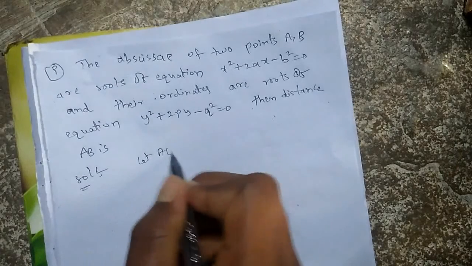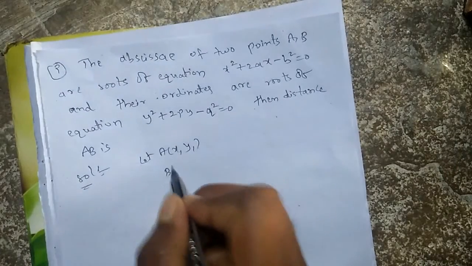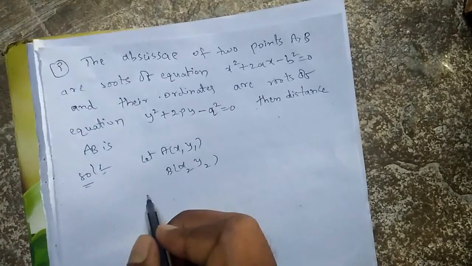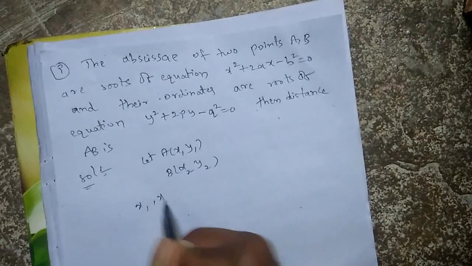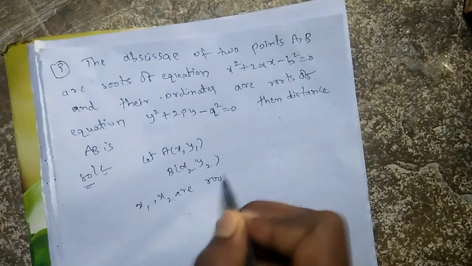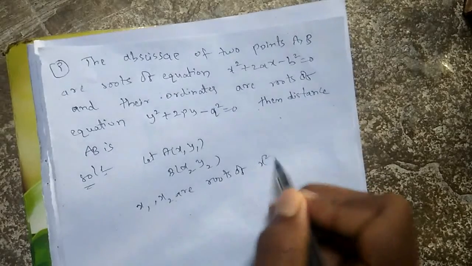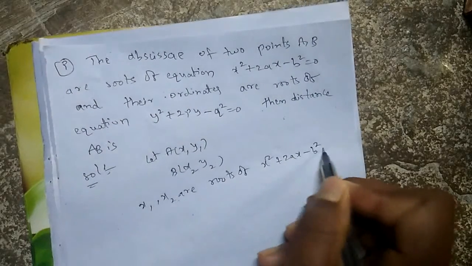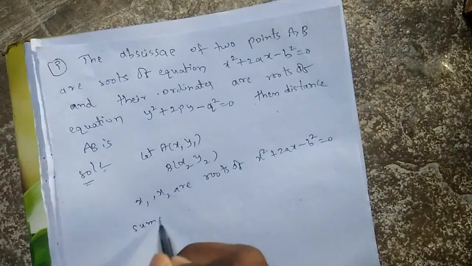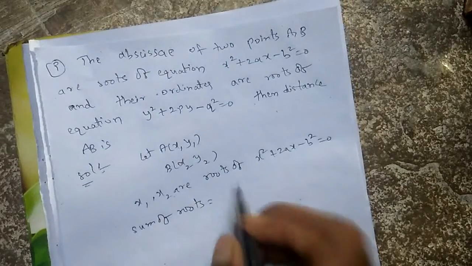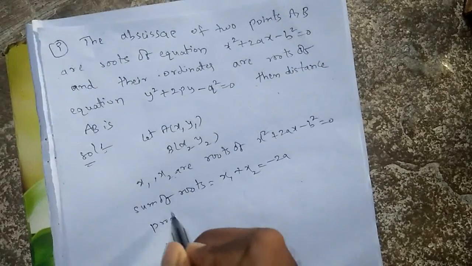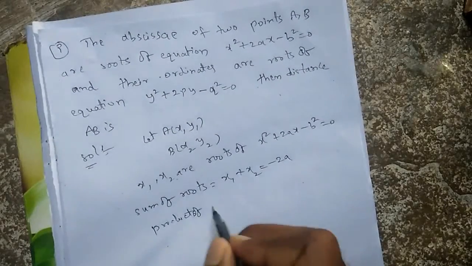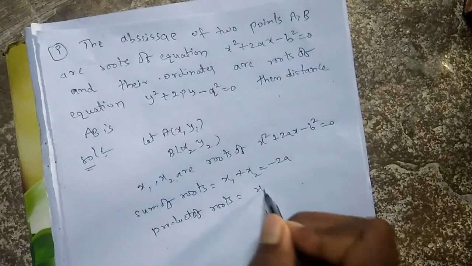here let A be (x1, y1), B be (x2, y2). Abscissa means x coordinates, ordinates means y coordinates. Here x1, x2 are roots of x square plus 2ax minus b square equals 0. Sum of roots is x1 plus x2 equals minus 2a. Product of roots is x1 x2 equals minus b square.